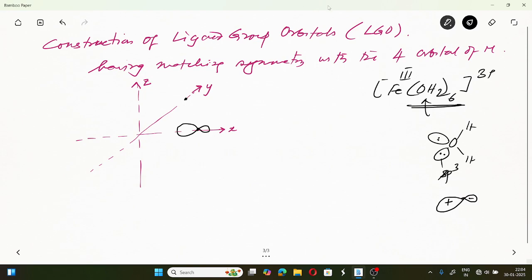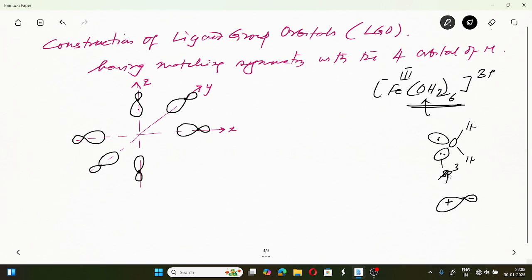So we have to construct group orbitals by considering all the sp3 hybrid orbitals of the 6 water molecules, which are approaching along the 3 coordinate axes.